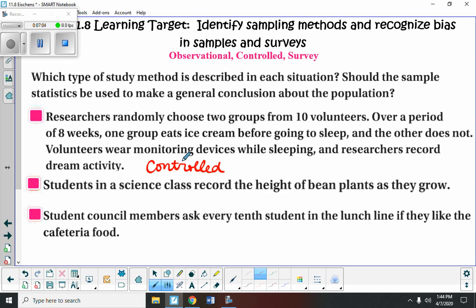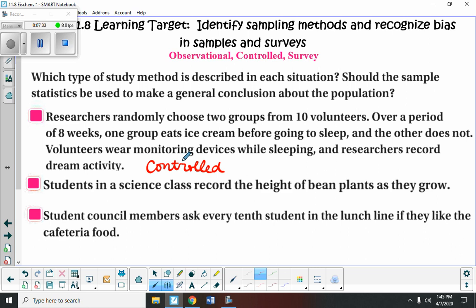And it is probably an unreliable study because it was a very small set of people, only 10 people. So from 10 people, and really only 5 of them did eat ice cream before they went to bed, it would be very difficult to come up with a result that you would say represented the general population.